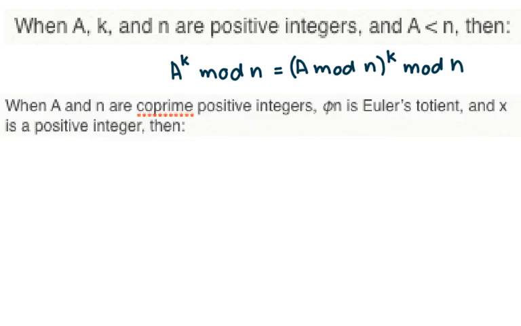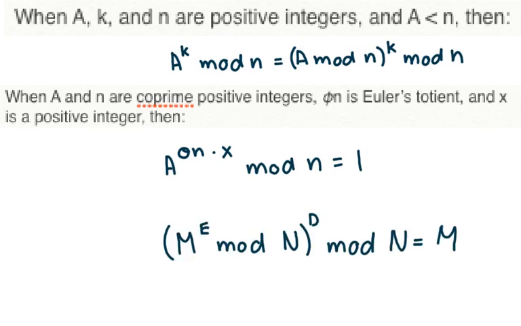And we also said that when a and n are coprime positive integers, phi n is Euler's totient and x is a positive integer, then a to the phi n times x power mod n is equal to 1. So now we're going to use these two bits of information to prove what we originally set out to prove, and that is that m to the e power mod n all raised to the d power mod n is equal to m.